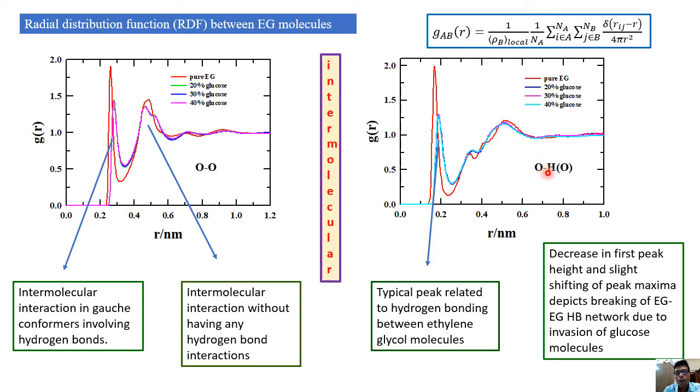This is for oxygen and hydroxyl hydrogen interactions, and this sharp peak is the characteristic hydrogen bond peak. The decrease in first peak height and slight shifting of peak maxima depicts the intrusion of glucose molecules into the hydrogen bonding network of ethylene glycol molecules.